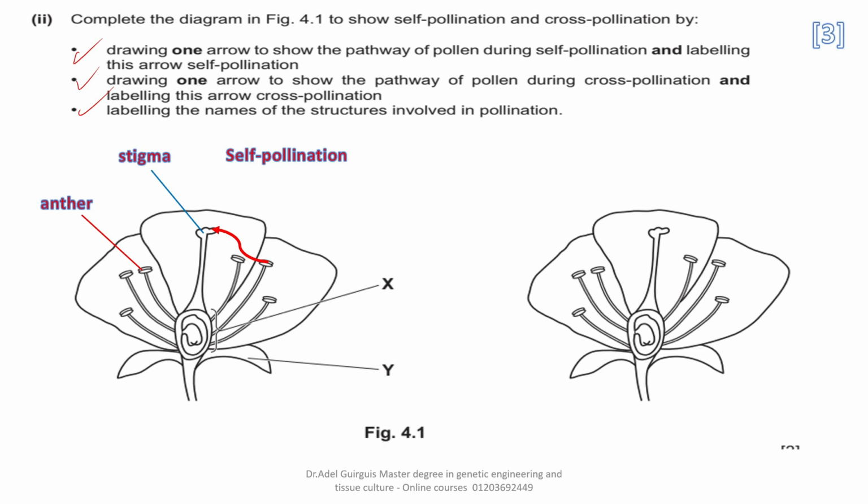For cross-pollination, pollen grains from an anther of the first flower are transferred to the stigma of another flower on another plant. This is called cross-pollination.